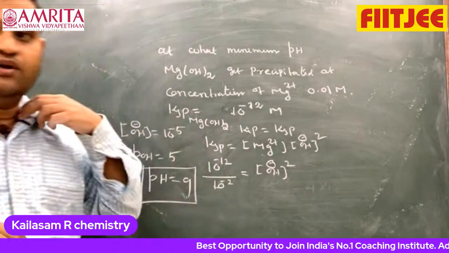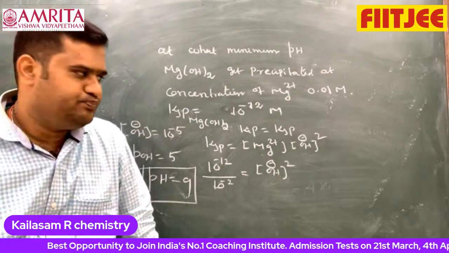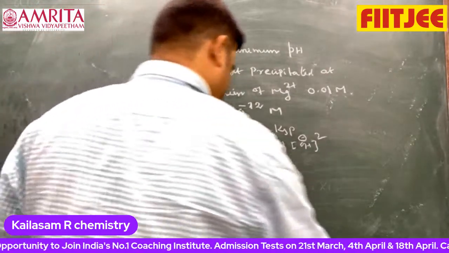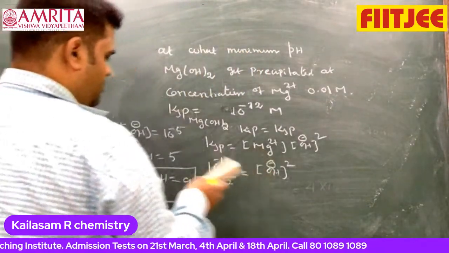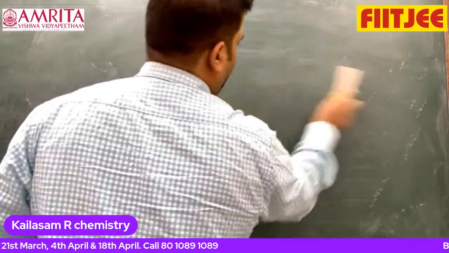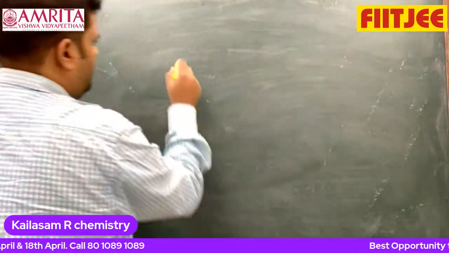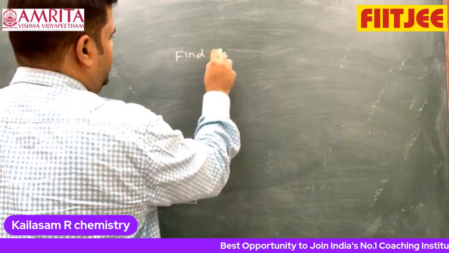This is what we can say from the JEE Mains point of view. You may expect that. And next one, I want to give you one question, the last question.